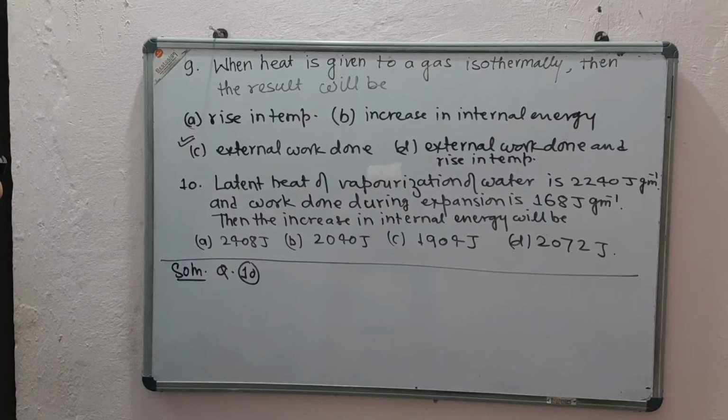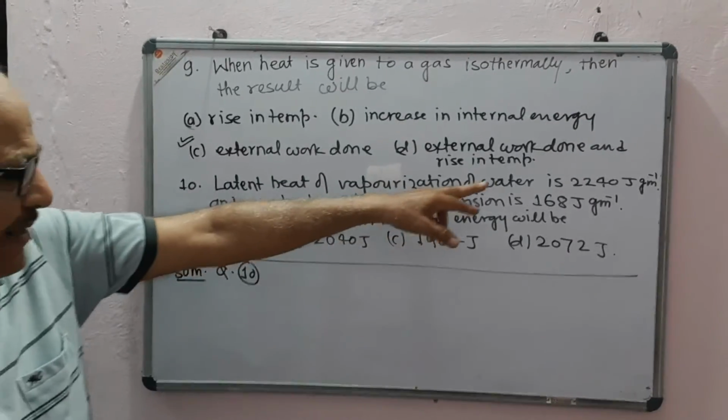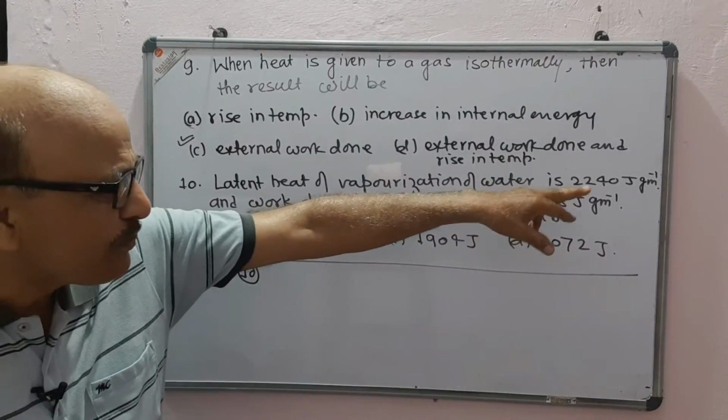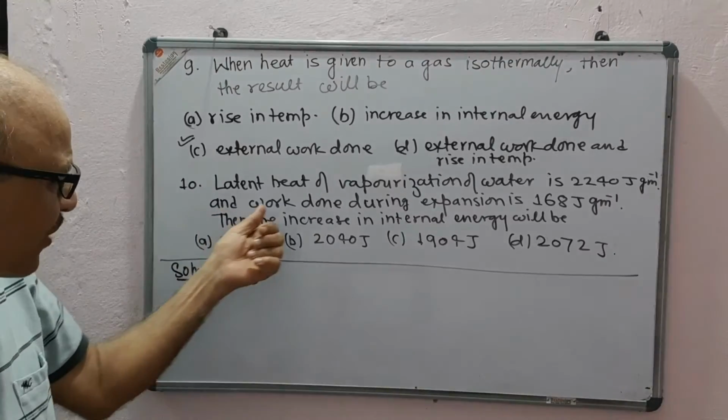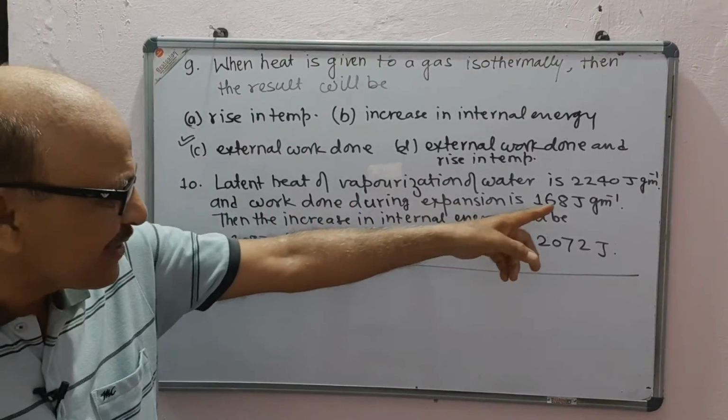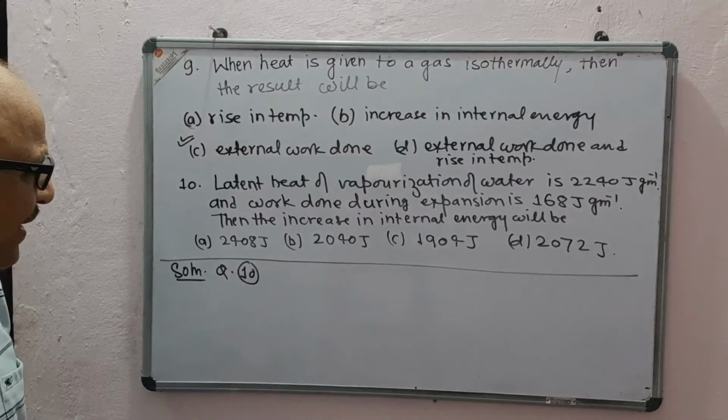Next, solution to question 10. Question number 10 is, latent heat of vaporization of water is this much joule per gram and work done during expansion is this much joule per gram.